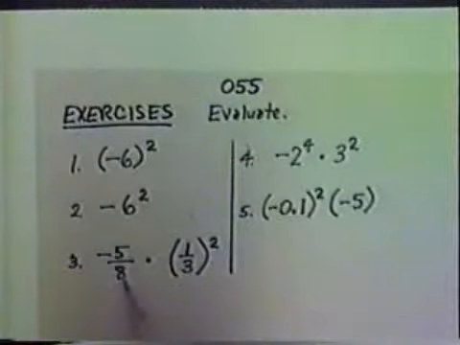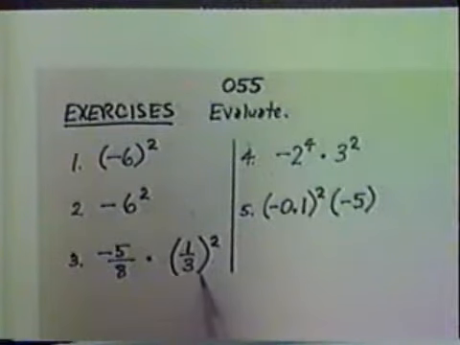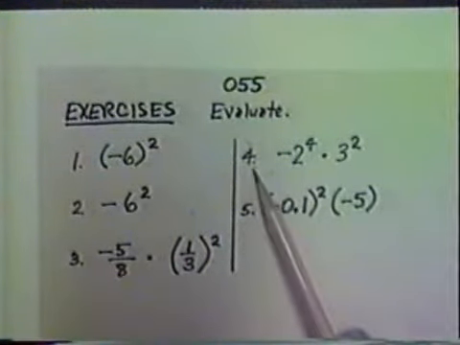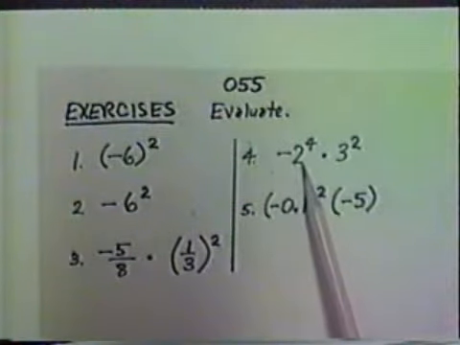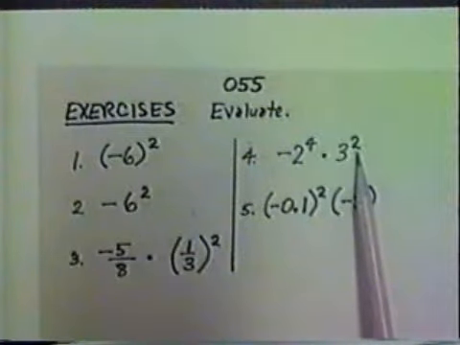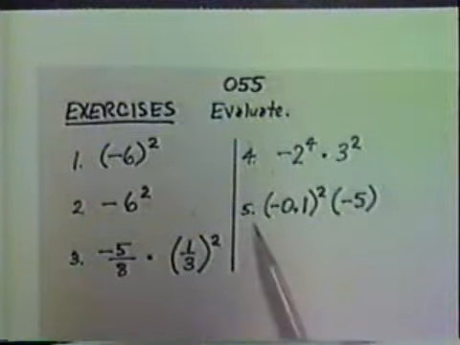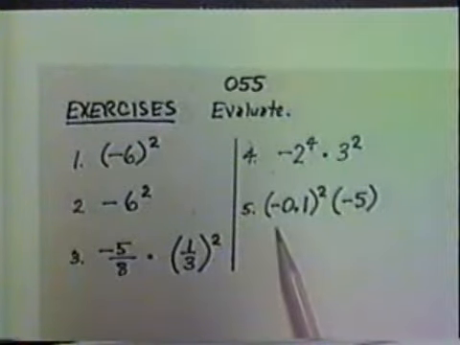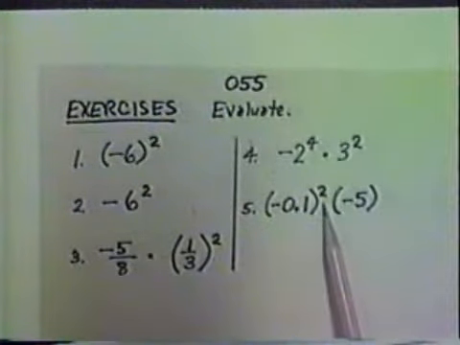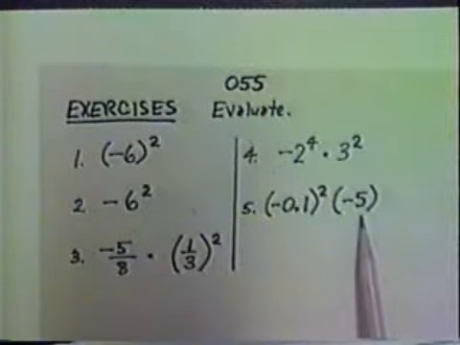Exercise 3, negative 5/8 times, in parentheses, 1/3 with an exponent 2 outside the parentheses. Exercise 4, the opposite of 2 to the 4th power times 3 to the 2nd power. Exercise 5, in parentheses, negative 1/10, outside the parentheses, exponent 2, in parentheses, negative 5.